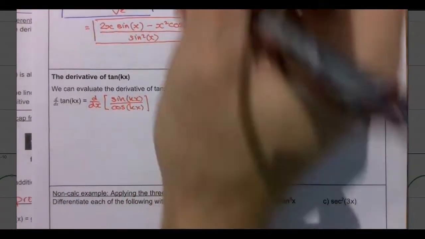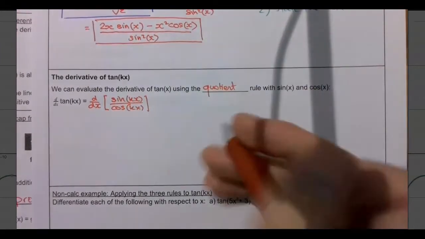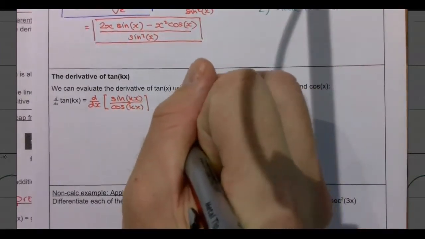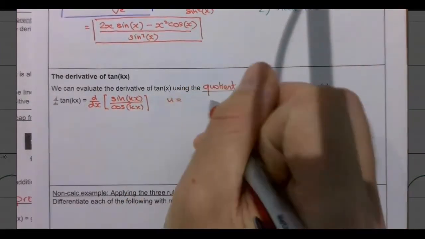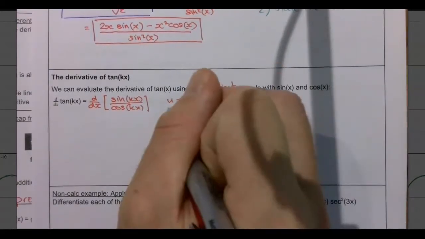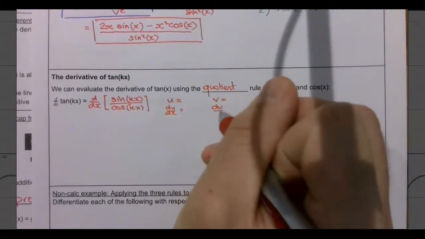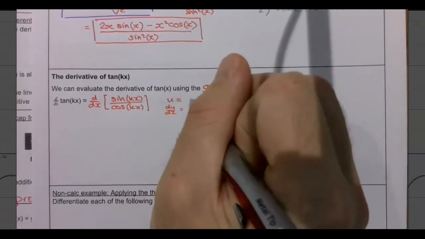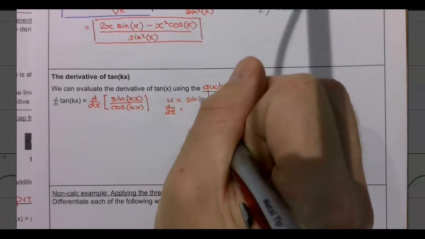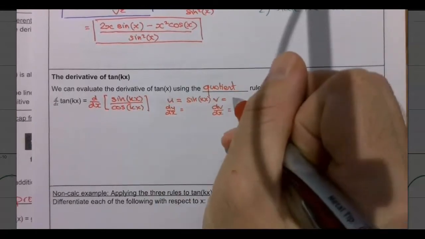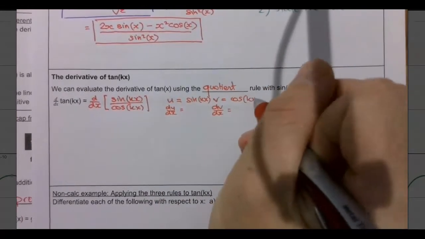And if I'm going to use the quotient rule, the first thing I'm going to do, just like I showed you, is do my block of 4. So for the quotient rule, I need u, I need v, I need du by dx, and I need dv by dx. And u is the numerator, sine of kx, v is the denominator, cos of kx.